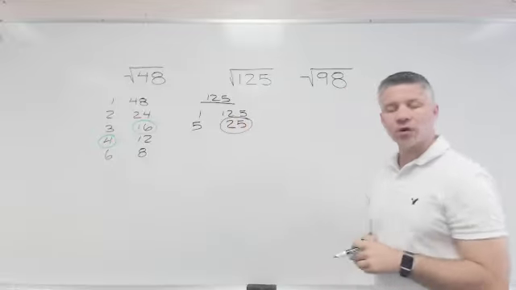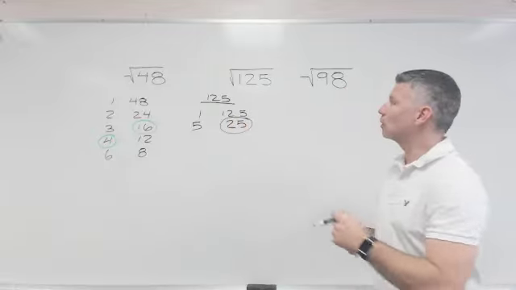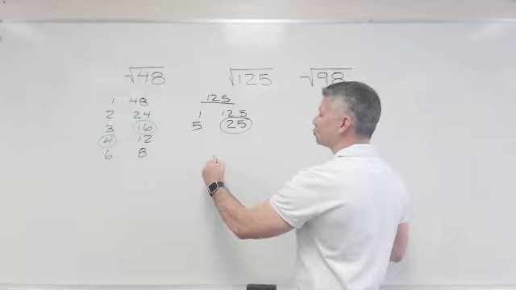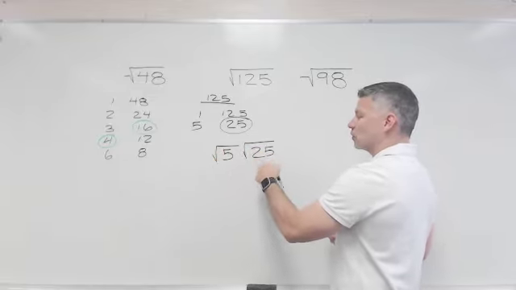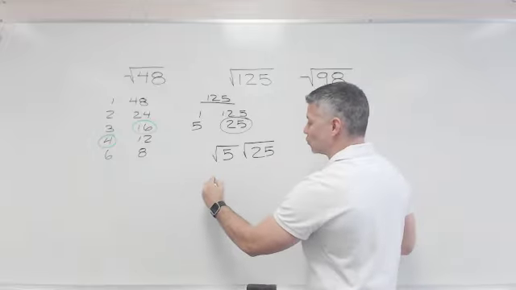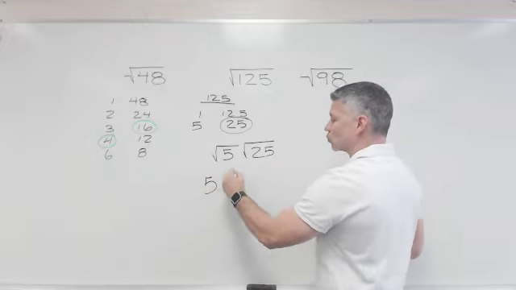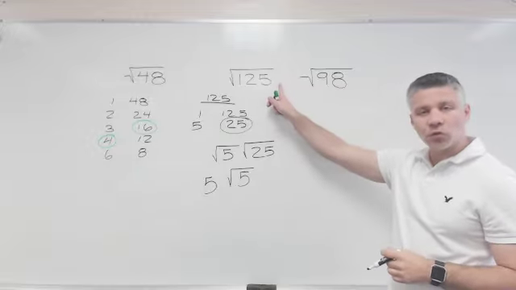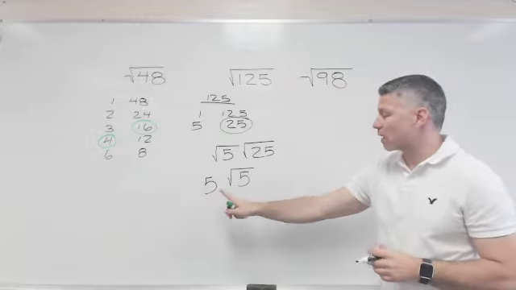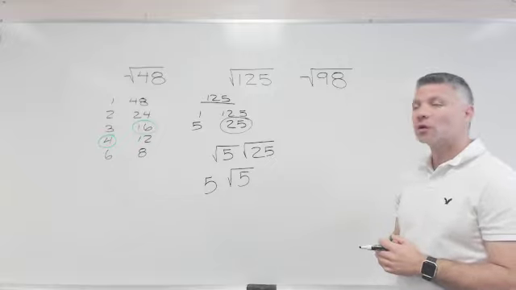And I do. 25 is a perfect square. So let's break apart 125 into the square root of 5 and the square root of 25. Square root of 25 is just 5, and we leave our square root of 5 at the end. The square root of 125 simplified is 5 square roots of 5.